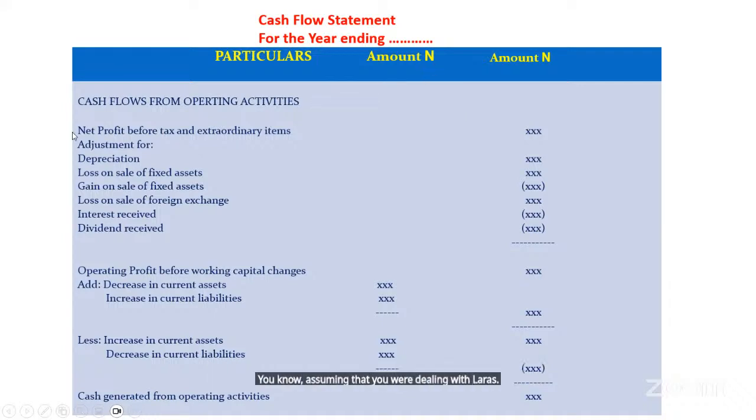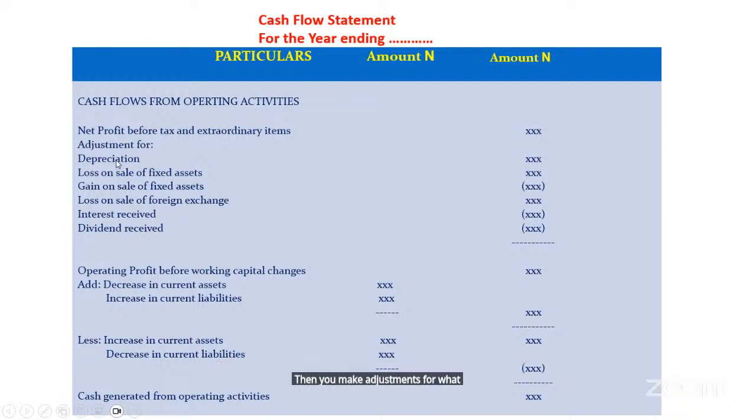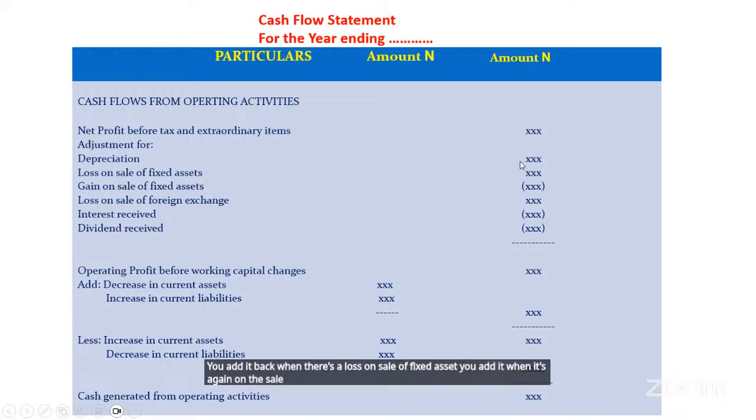Then the first thing is cash flow from operating activities. Remember, we've done this one. Net profit before tax and extraordinary items. You bring your net profit there. Then you make adjustments for depreciation, you add it back. When there's a loss on sale of fixed asset, you add it. When there's a gain on the sale of fixed asset, you subtract it.